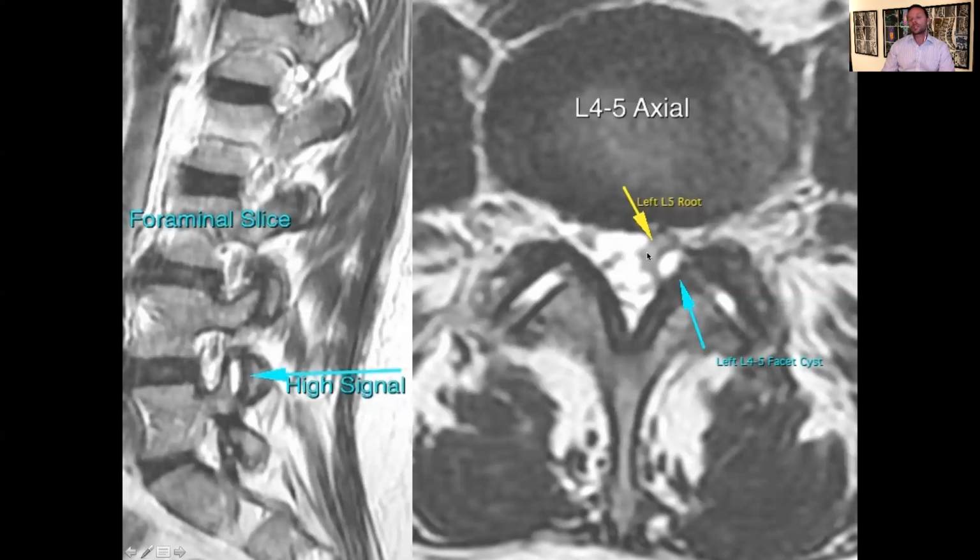But this one is slightly deformed, and it's deformed because there is this high signal here, this lobule, which is extending from the left L4-5 facet joint. So this is actually a facet joint cyst, and that has come about by degenerative change or just a distension of the capsule, and it has indented the descending L5 root, and this is what was causing the patient's sciatica on the left side.